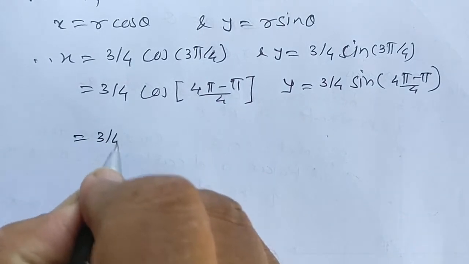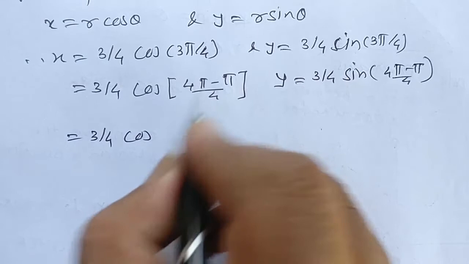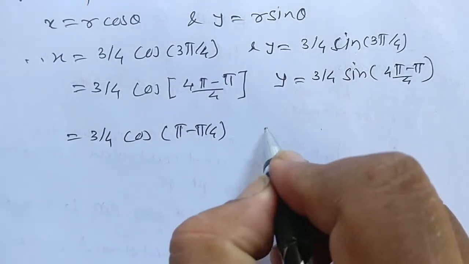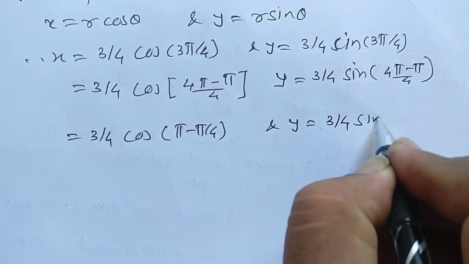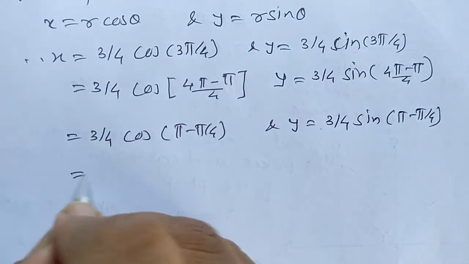Dividing by 4, it is pi minus pi by 4. And y is equal to 3 by 4 sin of pi minus pi by 4.